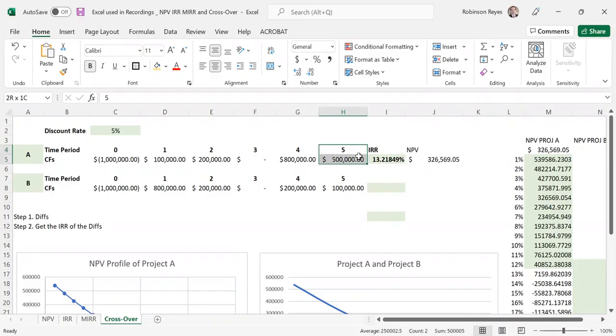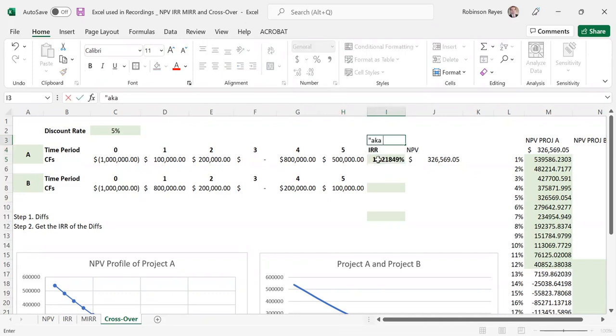So another intuitive way of thinking about the IRR rule is, if my internal rate of return, also known as yield or return, is greater than the cost of funds, we take the project.